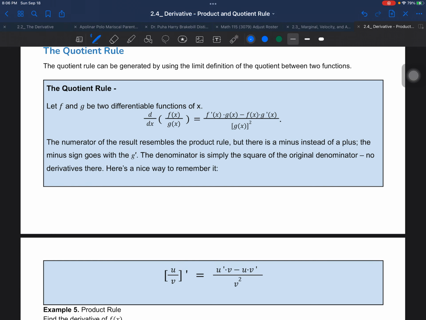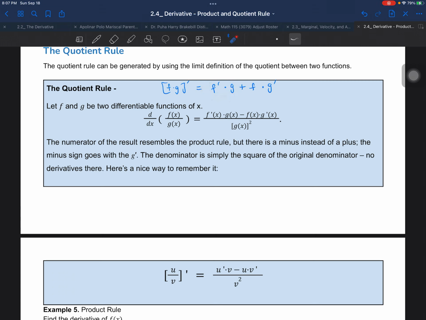If you think about it, this is very consistent with the way we wrote the product rule. If you remember, the product rule was something like this: f prime times g plus f times g prime. So it's almost the same, except in this case this is plus and this is minus.